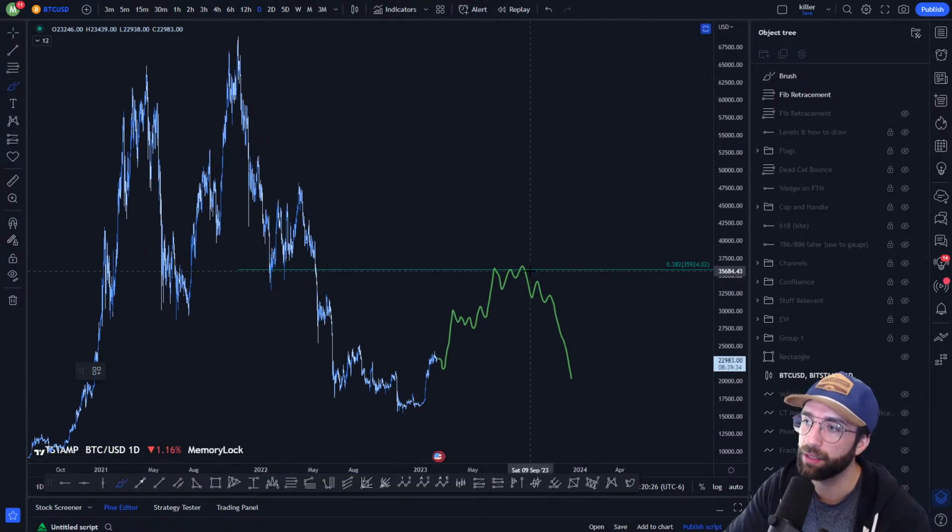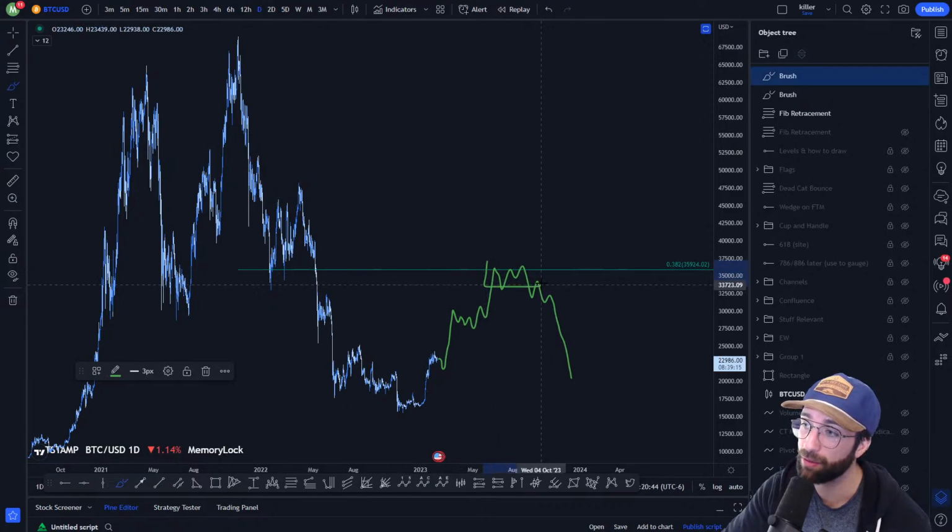Now, that's not to say that this is exactly what's going to happen, but you can draw out this 382, and it'll give you sort of a line in the sand to say, how much higher can we expect? Like, what can we look for here? So again, we get a bounce from the lows and we get sort of this bear market rally. I would look for it to likely extend to around this zone.